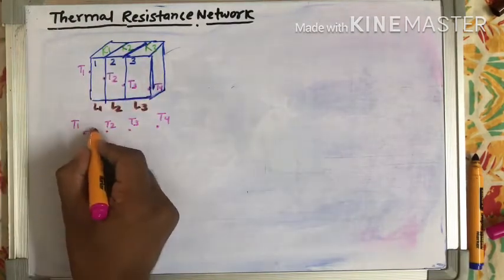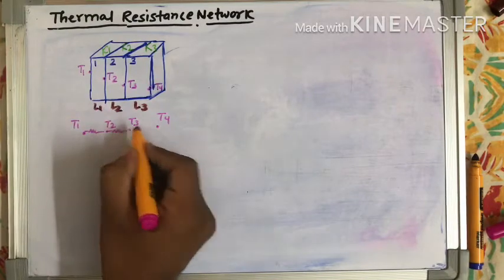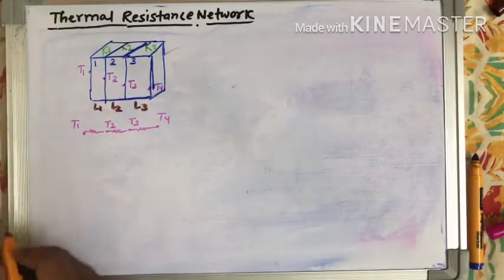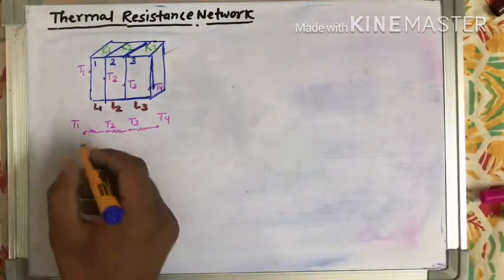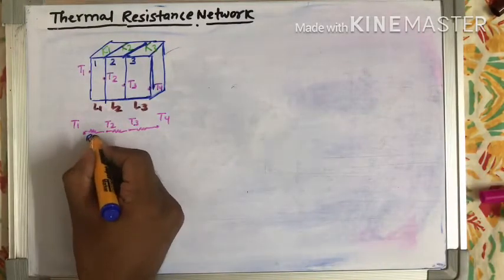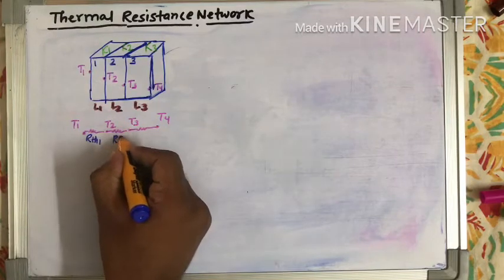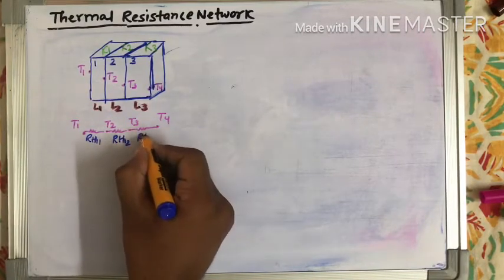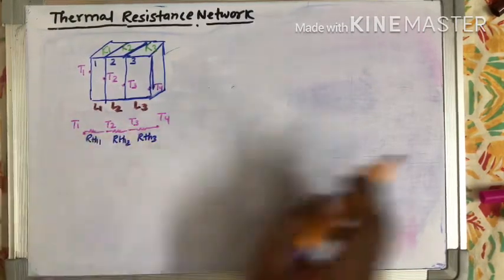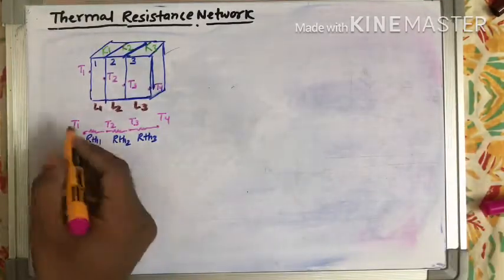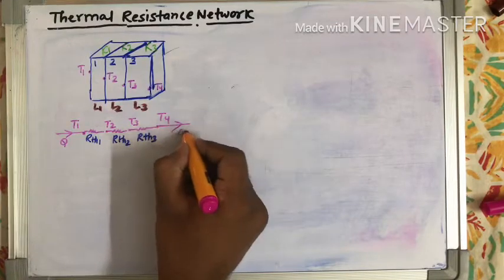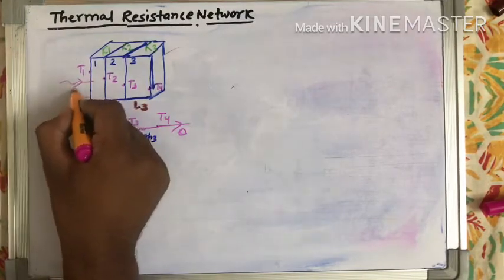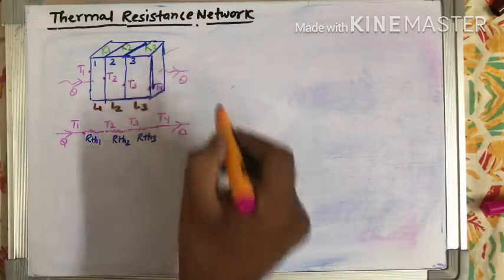So we will have the sign of resistance, and we will say that for 1 the thermal resistance is RTH1, for 2 it is RTH2, and for wall 3 it is RTH3. Fine. And the heat is coming in from here and going out from here.